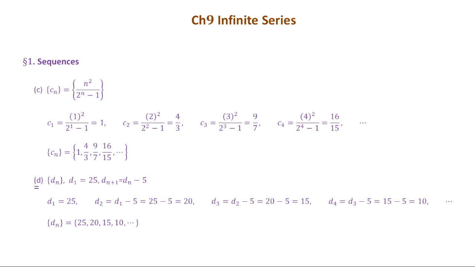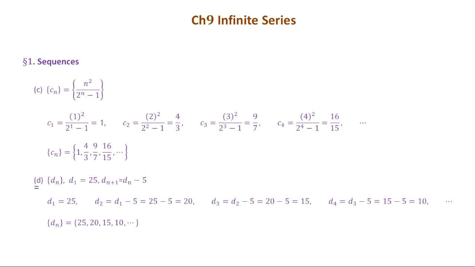So d1 is 25. So to find d2, you need to subtract 5 from d1 according to the formula. If you plug in 1 for n in this formula of d of n plus 1 equals dn minus 5, d2 equals d1 minus 5, which is 25 minus 5, so you get 20.